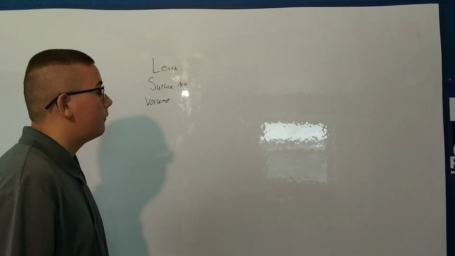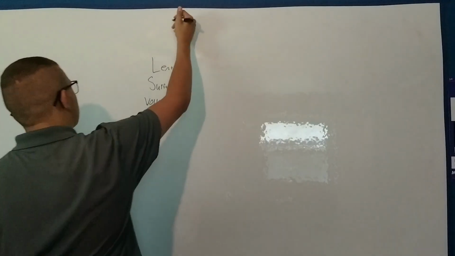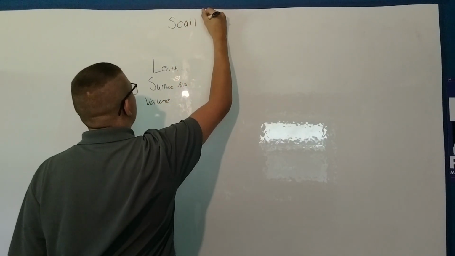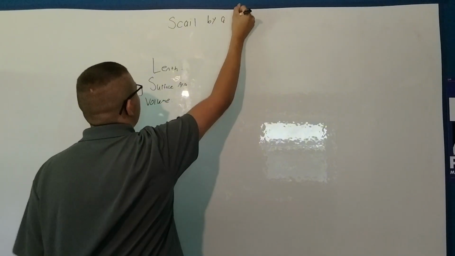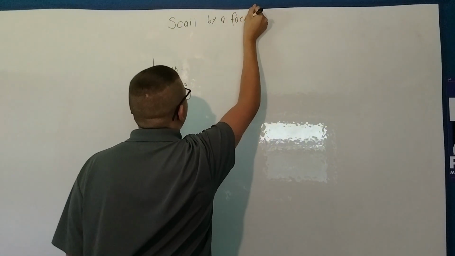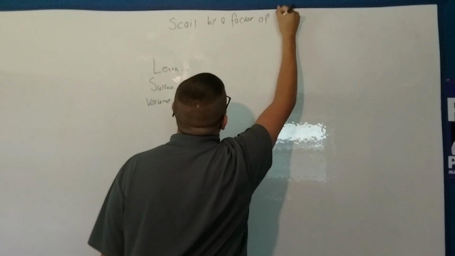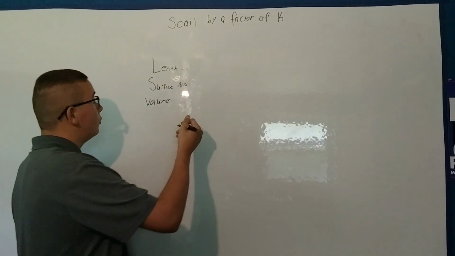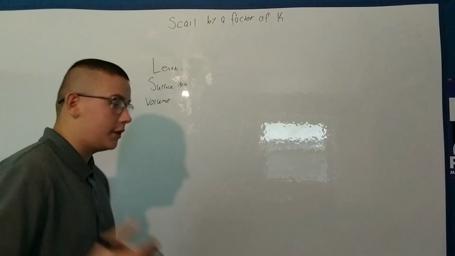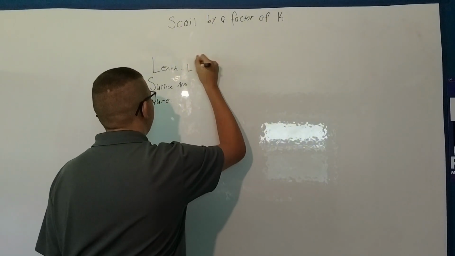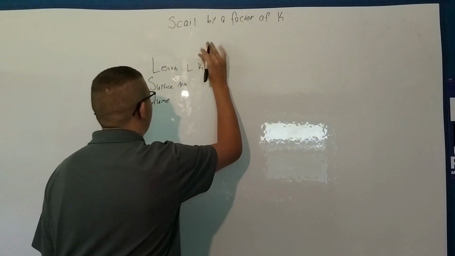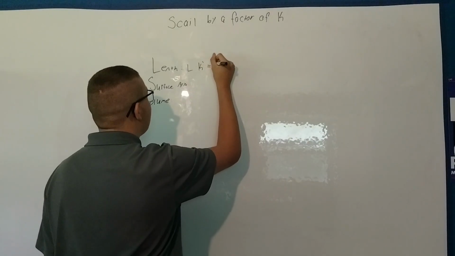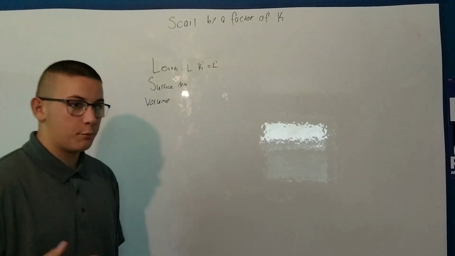So if we say we're scaling by a factor of k, like that. Well, first, for lengths, they do scale linearly. For lengths, you just do lengths times k, right? And I'm going to put k to the first, and that equals your new length, length prime.